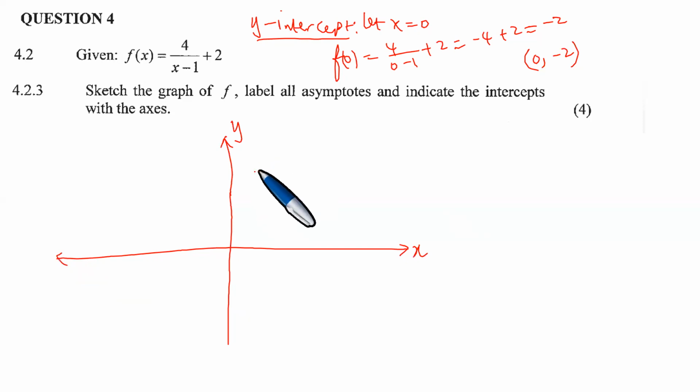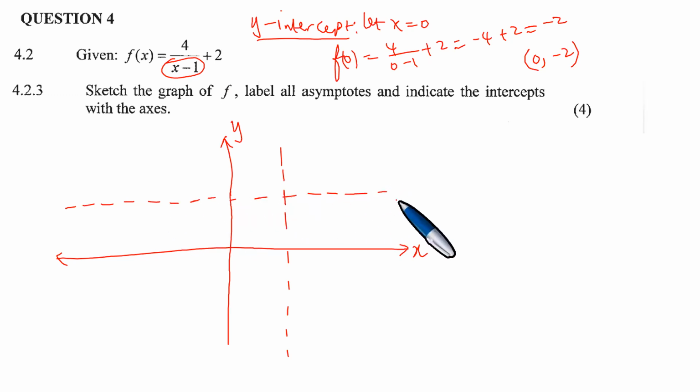Remember the vertical asymptote is at x equals 1, and then we have y equals 2. The vertical asymptote is x equals 1 and the horizontal asymptote is y equals 2.